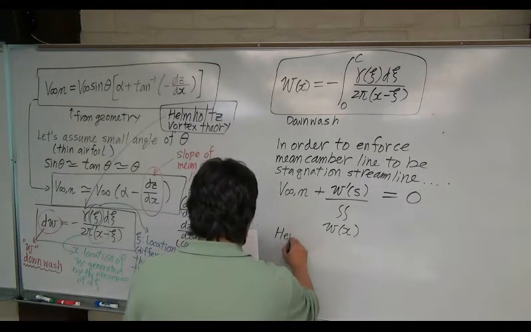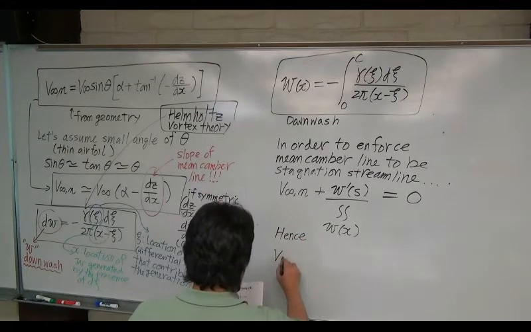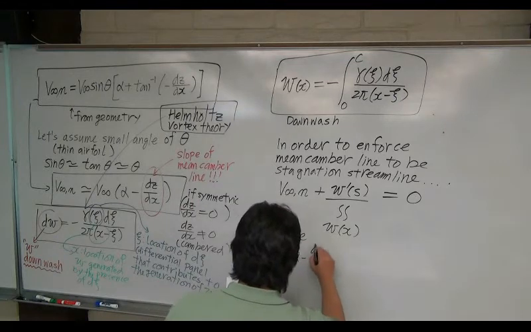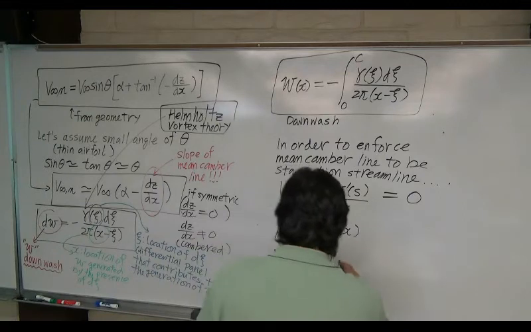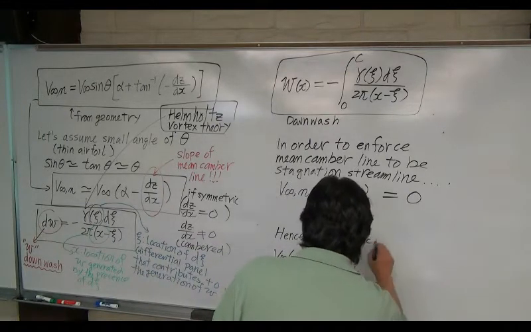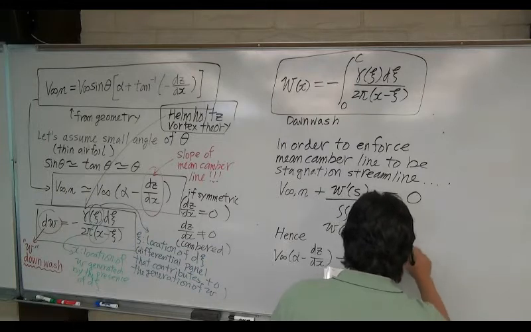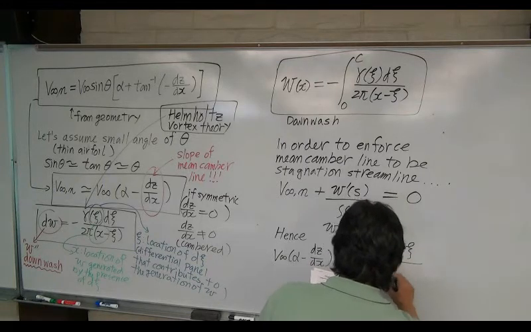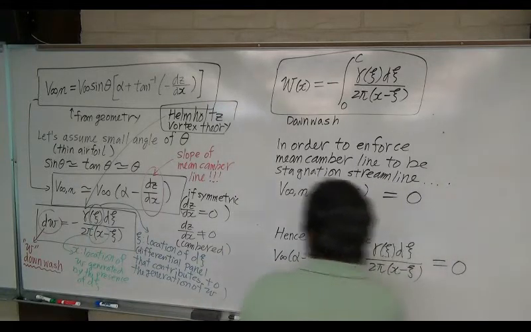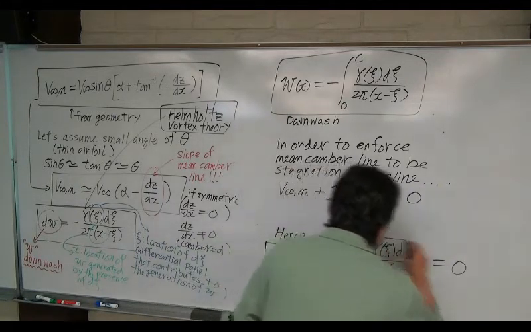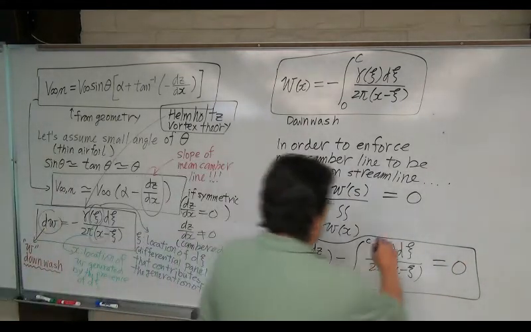Hence, you're going to get this equation: V infinity times (alpha minus dz/dx) minus the integral from leading edge to trailing edge of gamma as a function of ξ dξ over 2 pi (x minus ξ) must be equal to 0. So this is the governing equation which you need to satisfy at every single panel for thin airfoil theory.